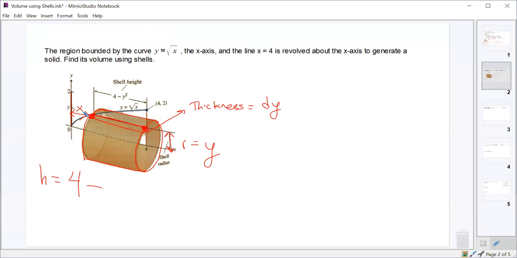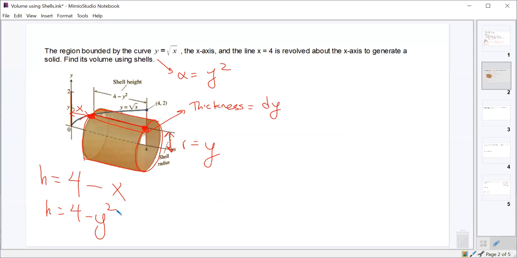X. I've gone over x, right? And x is equal to, we look at this, y squared. So our height is 4 minus y squared. So we've got our height, we've got our radius, we've got our thickness.